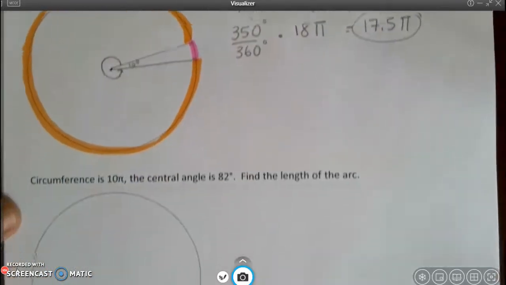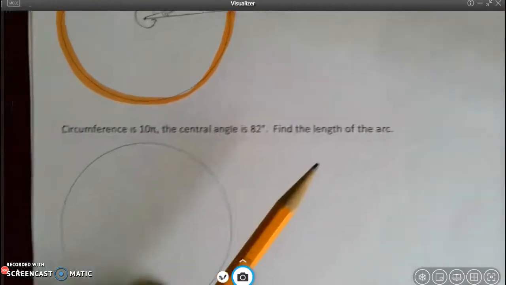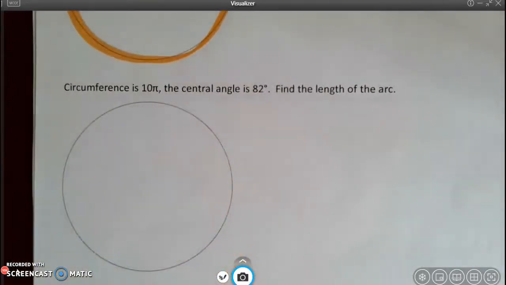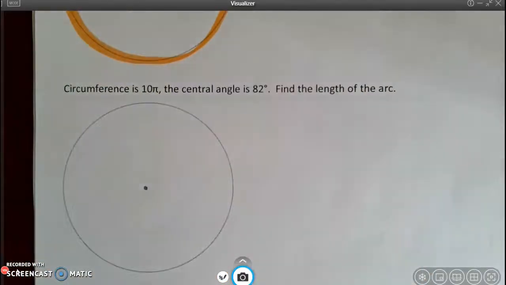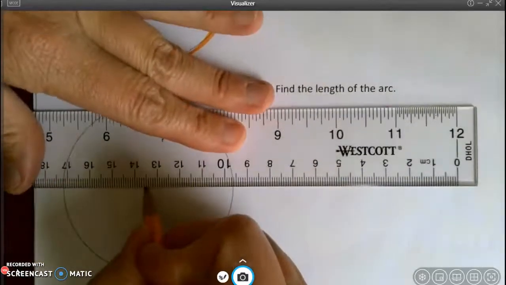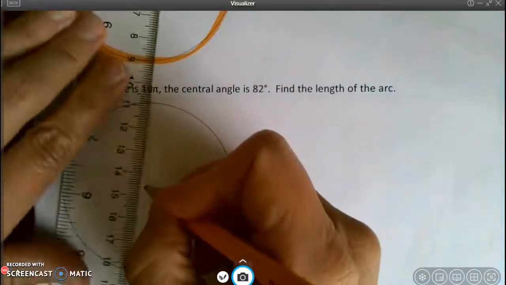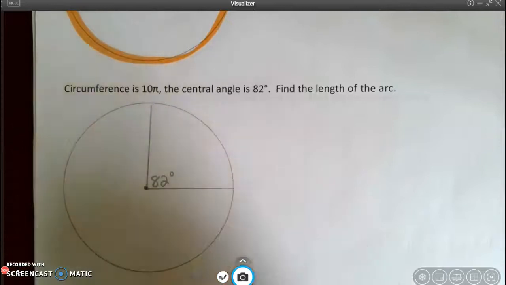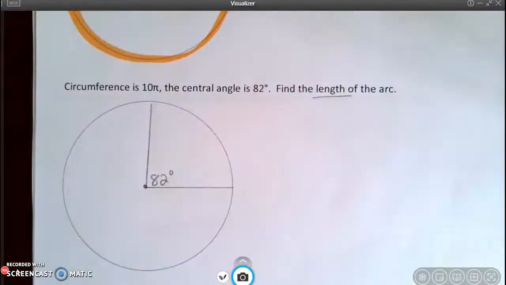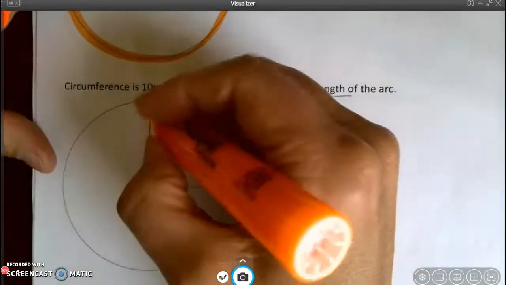All right, let's go on to this next problem. Now we're told that the circumference is 10 pi, and the central angle is 82 degrees. Okay, again, we're just doing a sketch of the angle. Doesn't need to be perfect. This is 82 degrees. We're asked once again to find the length of the arc.